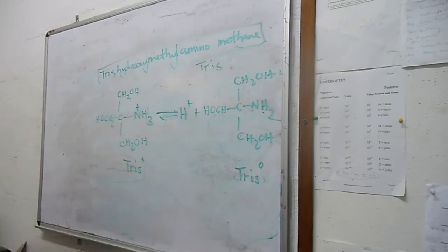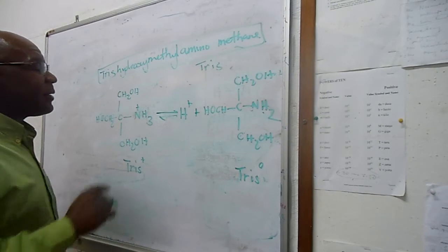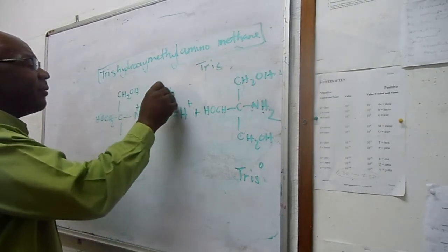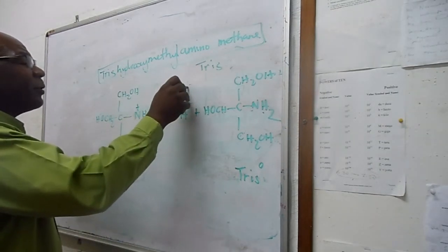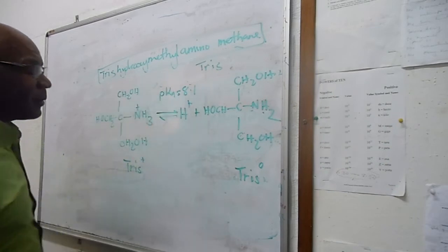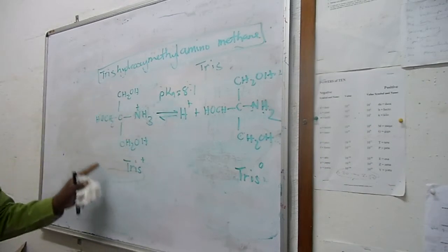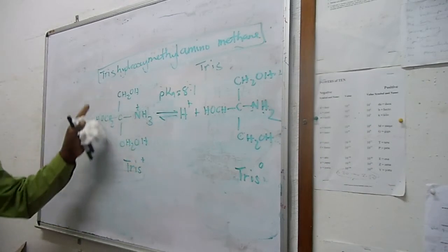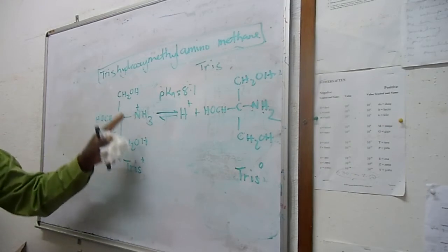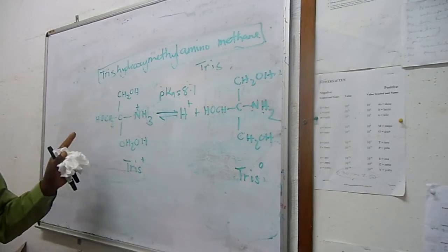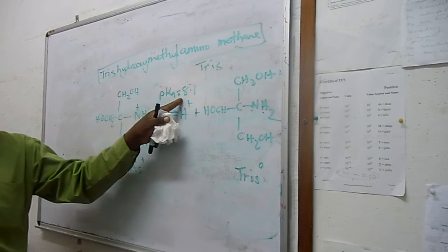This has a pKa value of about 8.1. This is a synthetic one, so we can mimic the pH range of the human blood by using the tris, because we are saying that it's 8.1.